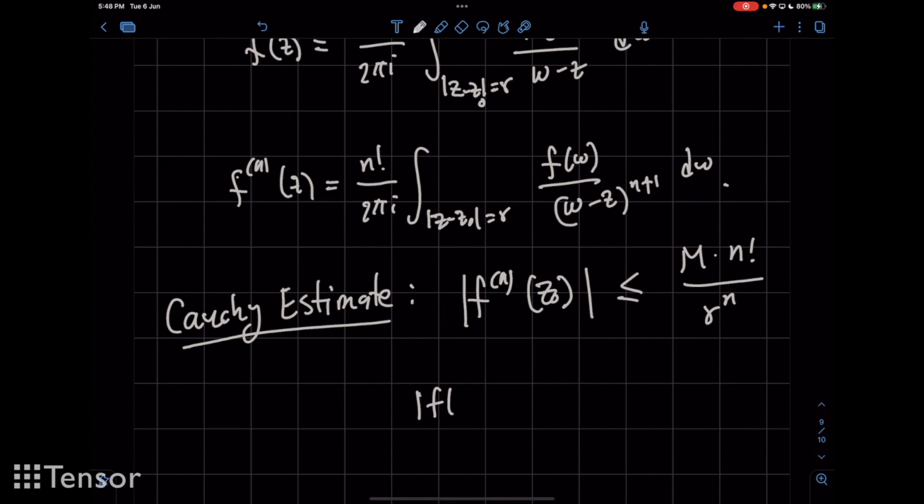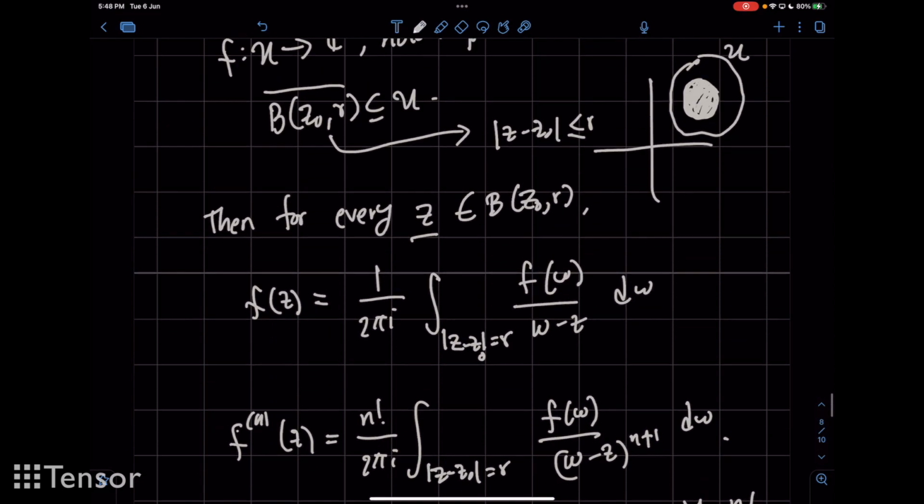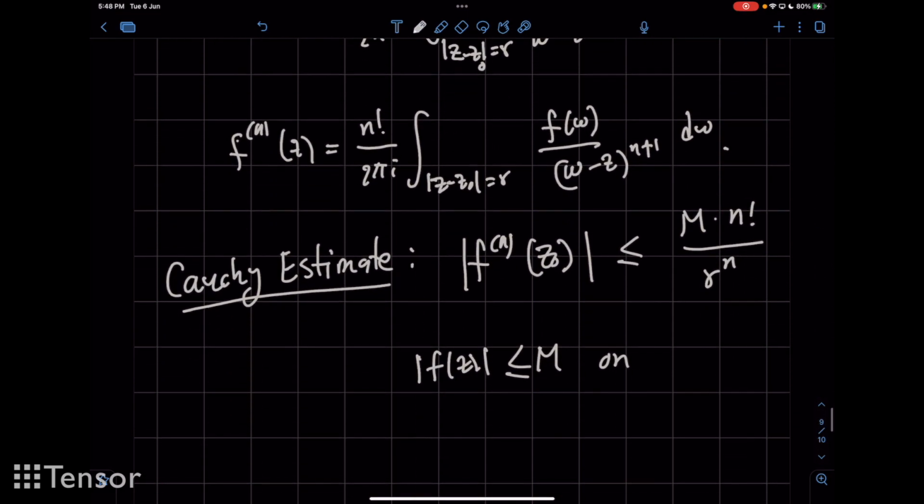The absolute value of f is smaller than M on the boundary of the open ball, where the absolute value of z minus z0 equals r.